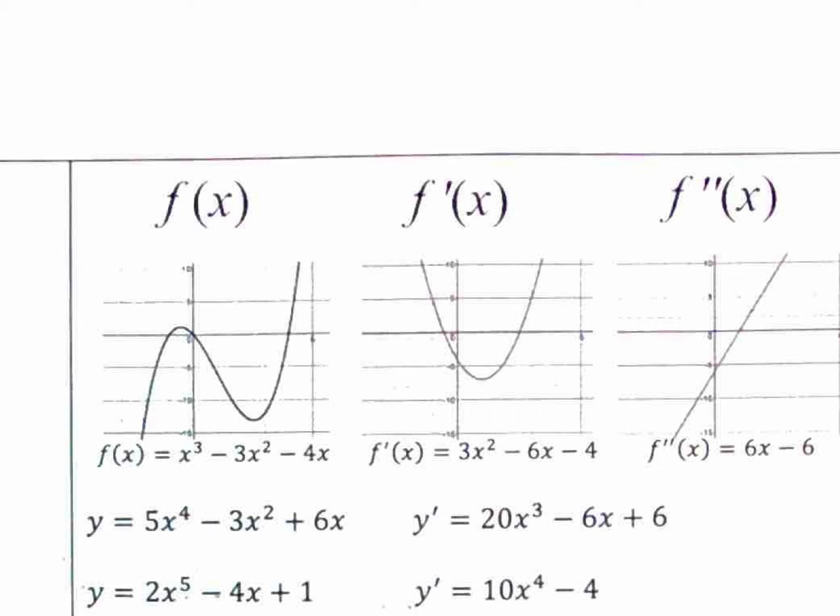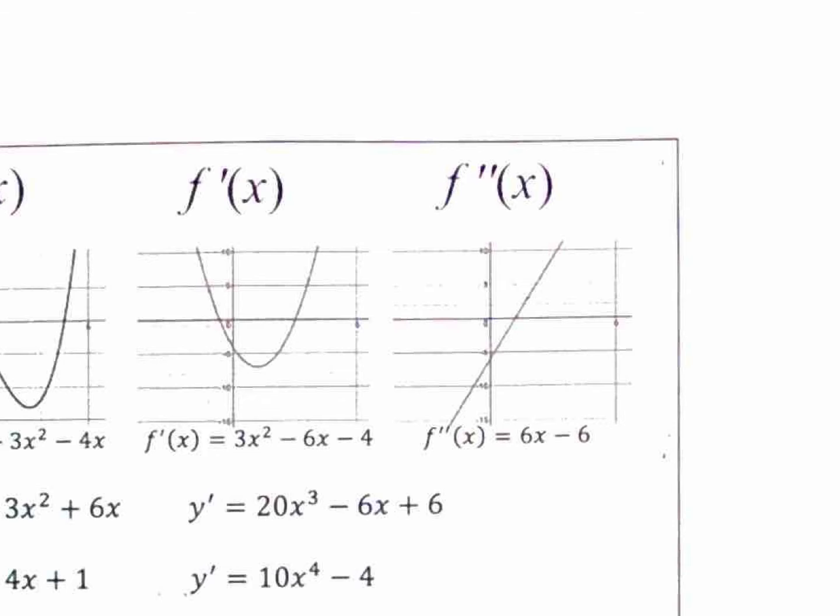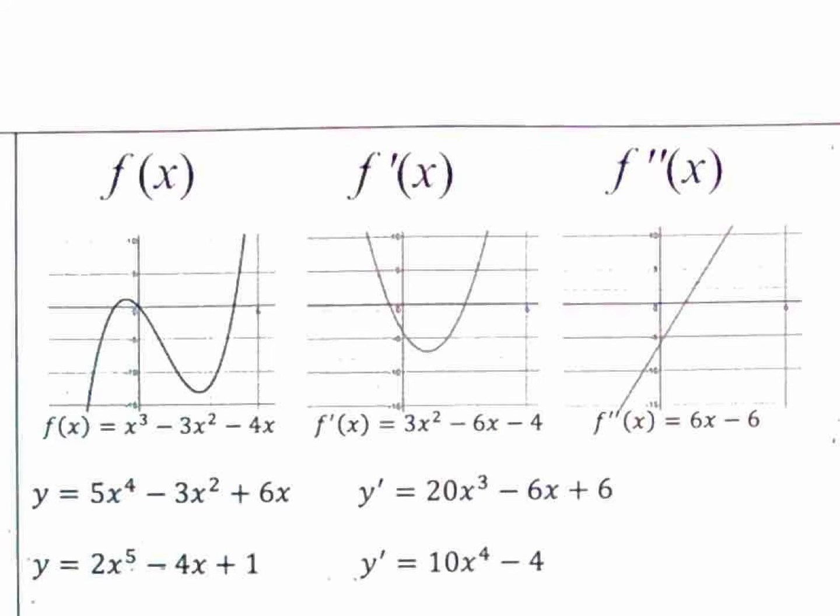And then if I take the derivative of that again, this is f double prime of x, or the second derivative. I'm left with a linear function. So it kind of looks like, as we take a derivative, the degree of the polynomial decreases by 1. So a cubic goes to a quadratic, goes to a linear, which would go to a constant.